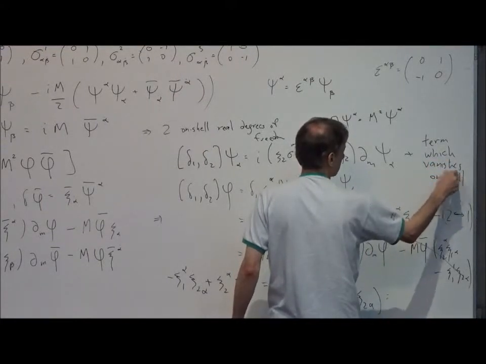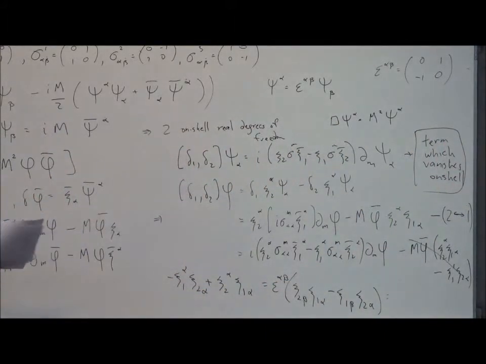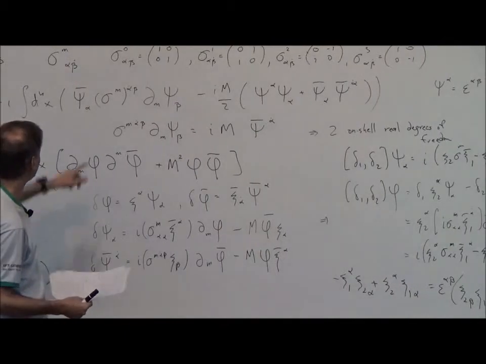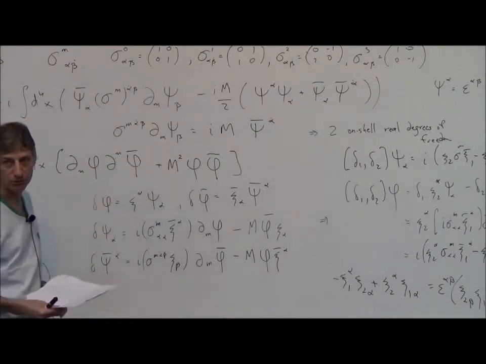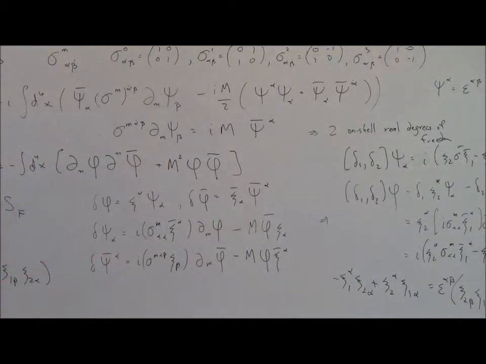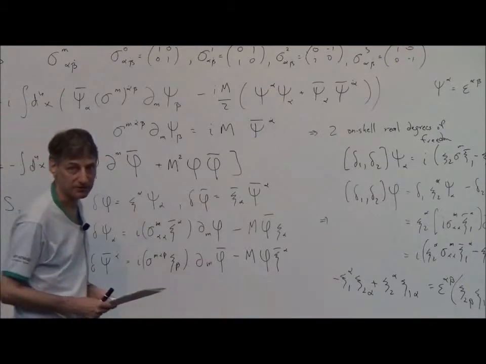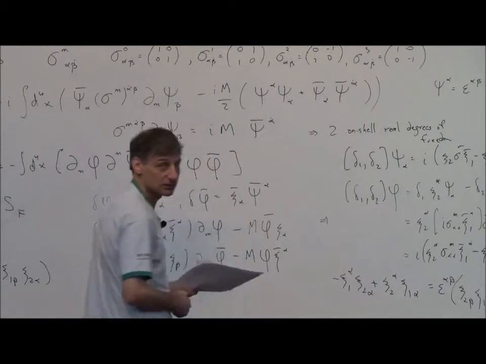Precisely as what happened in the 2-dimensional case. So the supersymmetry algebra only closes using equations of motion, which is obvious because we have 4 off-shell fermions and we only have 2 off-shell bosons. The way around that is to introduce auxiliary bosons like we did in 2 dimensions. I'm not going to do it, but you can do it. So in 4 dimensions, there's no problem in making all the supersymmetry manifest. You introduce an auxiliary boson.